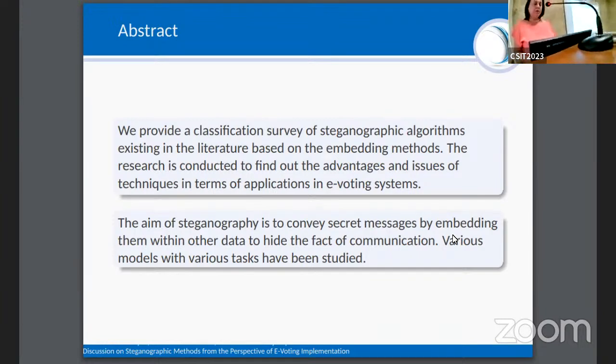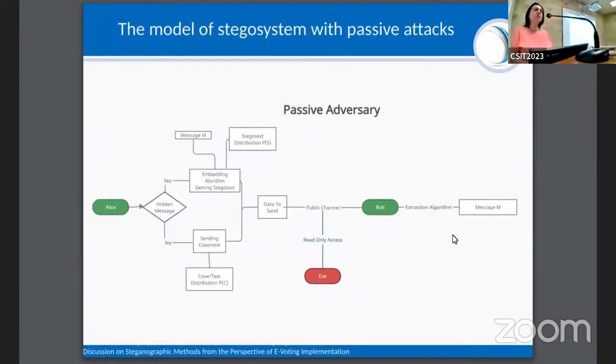And we began our investigations from different steganographic systems from an information theoretic point of view. The first model that you see is the model of a stego system with passive attacks. What does it mean in a few words?